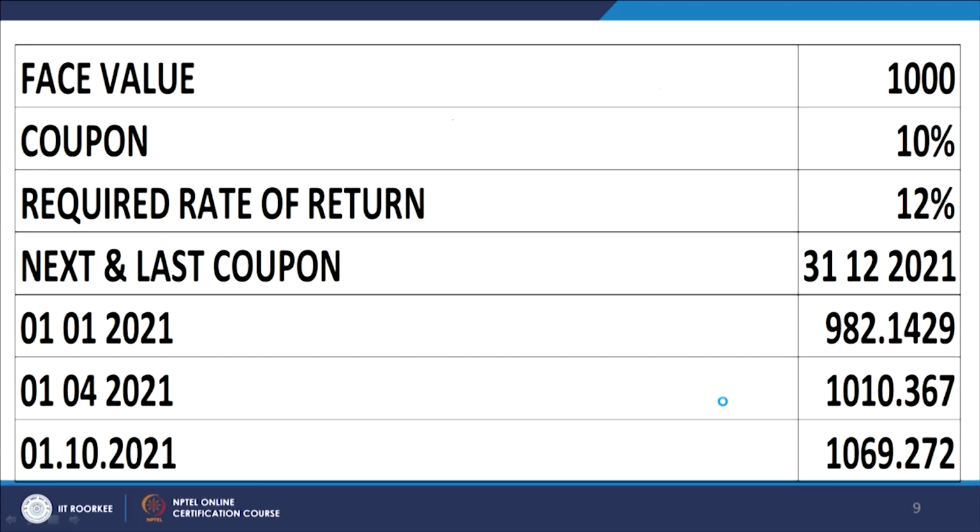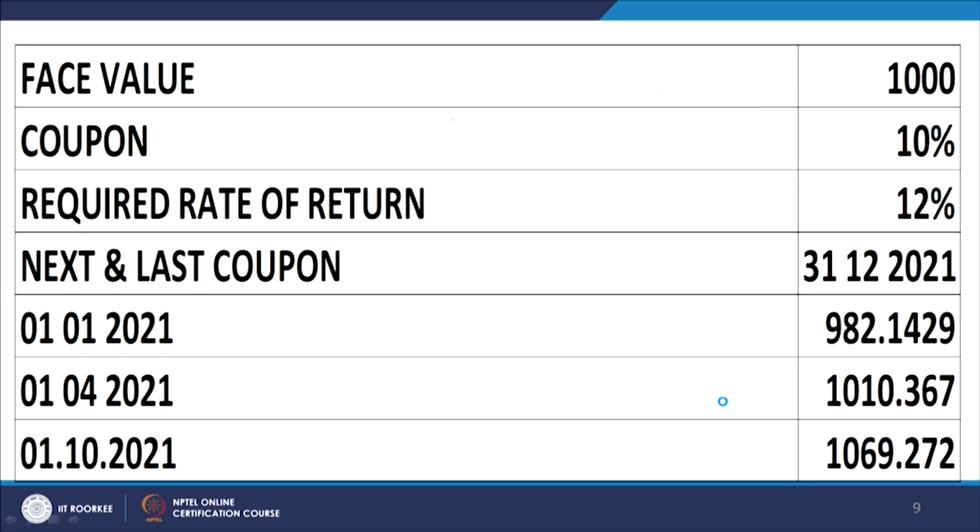What we find is that the amount that is being discounted, I repeat, the amount that is being discounted, that is 1100, is remaining constant irrespective of the point at which the valuation is done. However, as we do the valuation later and later, we come closer to the cash flow that is likely to occur, and as a result the discounting impact is reduced.